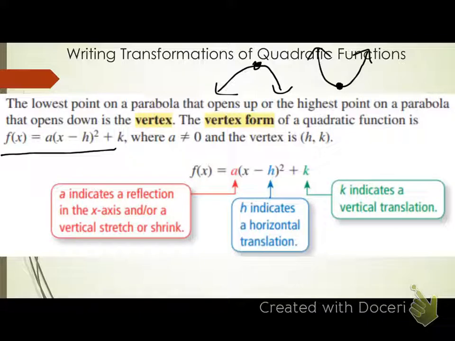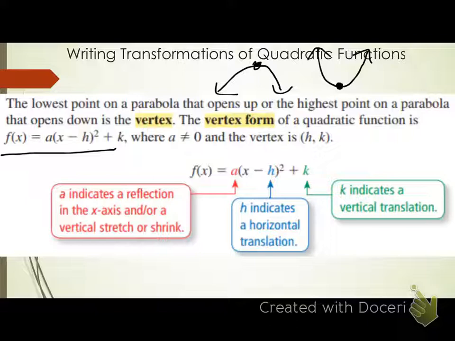Where a does not equal 0, and the vertex is the ordered pair h, comma k. So h is my x value, k is my y value. H, comma k is my vertex.